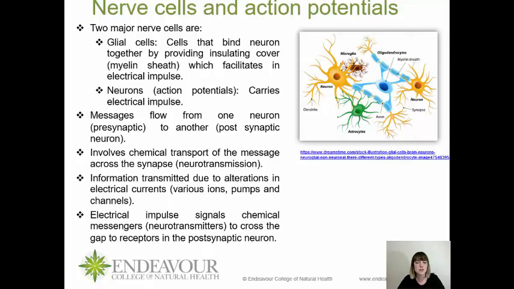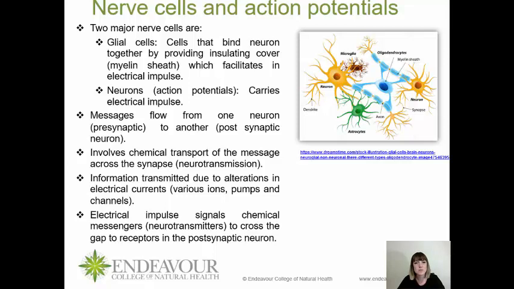Now, our neurons are those cells capable of having electrical impulses, action potentials, and information flows from one neuron to another. The one that it's flowing from we call the presynaptic neuron, and it forms a connection with another neuron that we would then refer to as the postsynaptic neuron. So we say connection, but they're not actually physically touching.